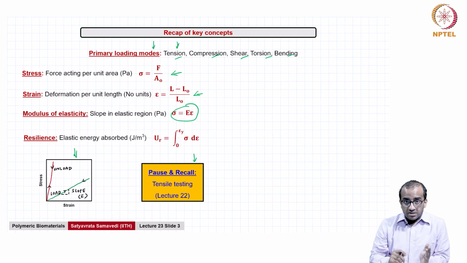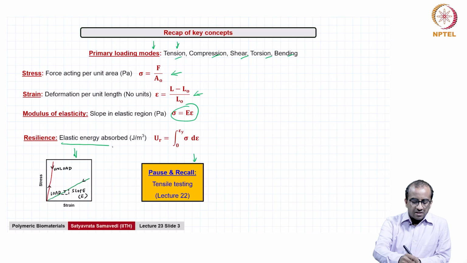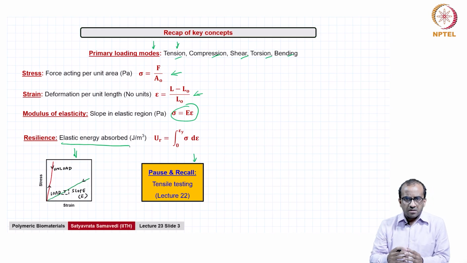And we saw that stress and strain are mechanical variables and not so much properties, whereas modulus of elasticity is actually a mechanical property. A closely related concept that we saw as part of the elastic regime was the idea of resilience, which is the elastic energy absorbed given just by the area under the curve in the elastic region.